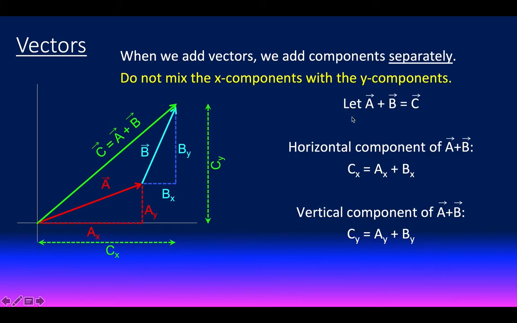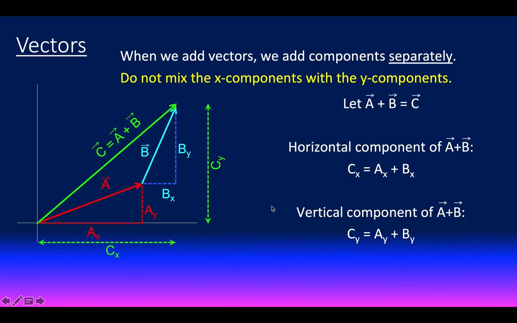So if I say A plus B is equal to C, the components of vector C are given as CX is AX plus BX. That's entirely the horizontal components. And separately, CY is AY plus BY. This is entirely the vertical components. I do not mix any X components or Y components together.